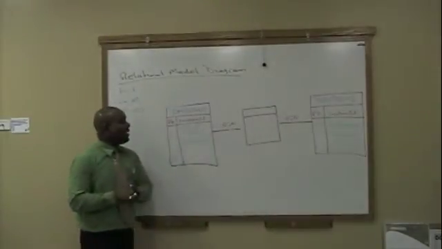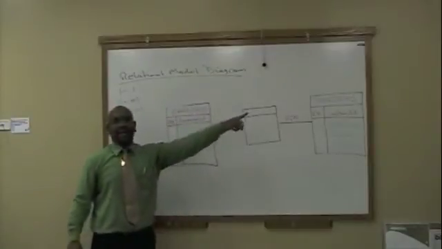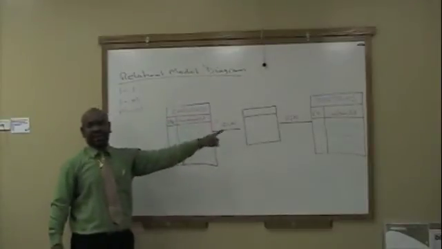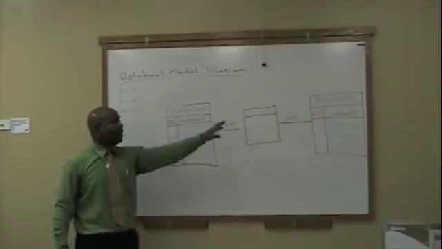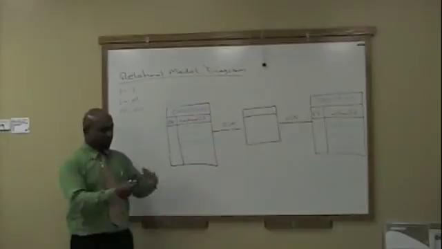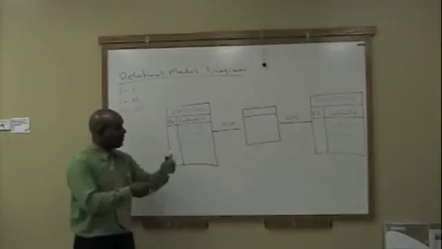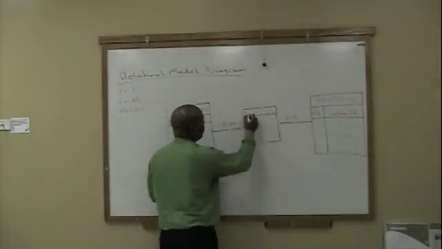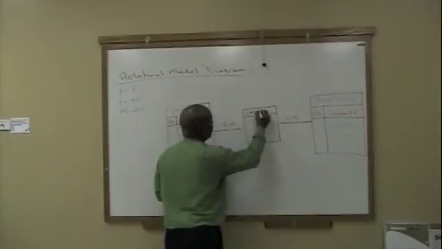That new entity, I usually combine the two names to give that entity that name. Employee positions or employees positions. Combine the two, and that's the name of the new entity. I'm just going to put the shortened form here.